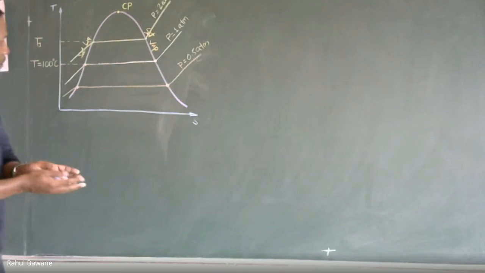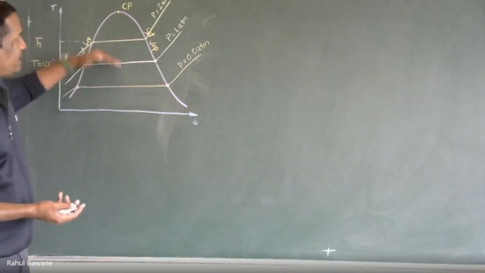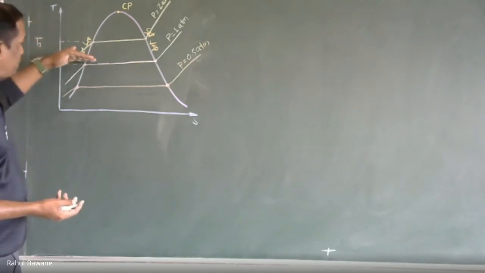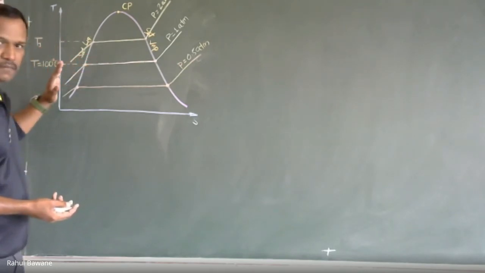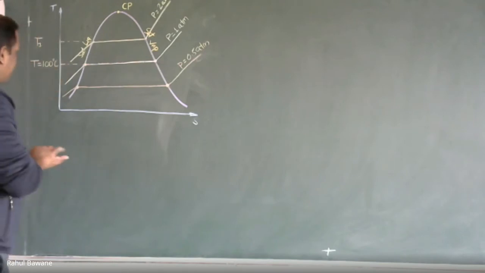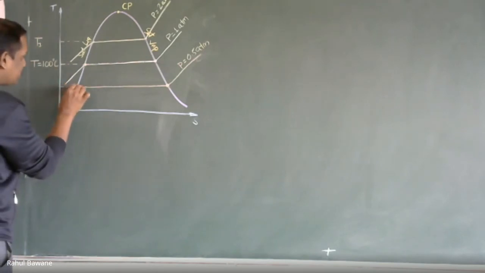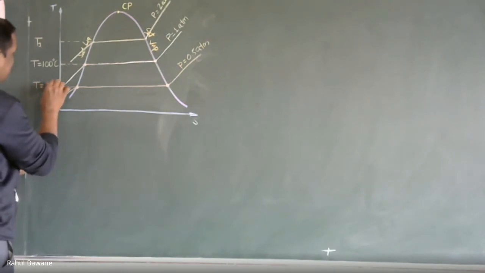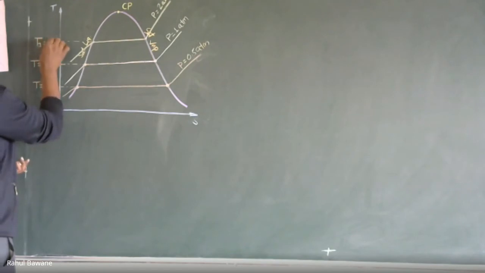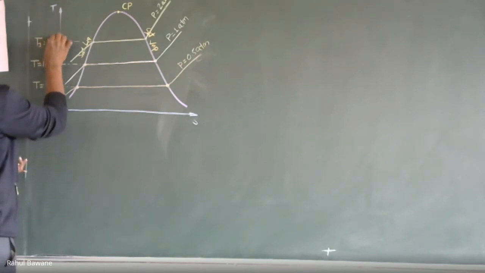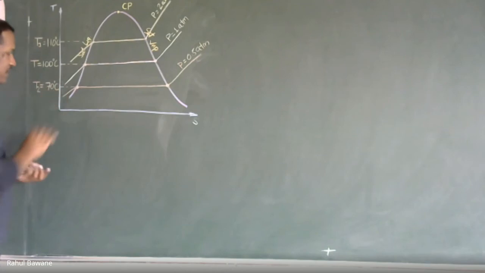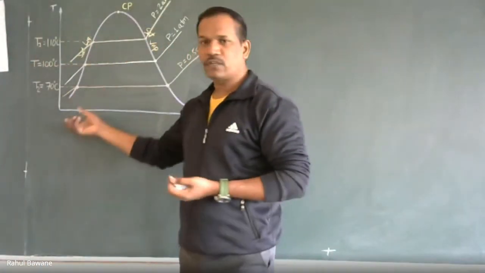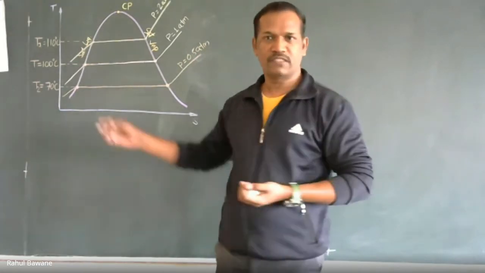So whenever we increase pressure, our boiling temperature will increase. Whenever we decrease the pressure, our boiling temperature is decreased. So T equals, suppose, now 70 degrees centigrade. Suppose for the example, T1 is 210 degrees centigrade and T2 is 70. That means when we reduce the pressure, we can boil water at a lower temperature. Boiling temperature will reduce.